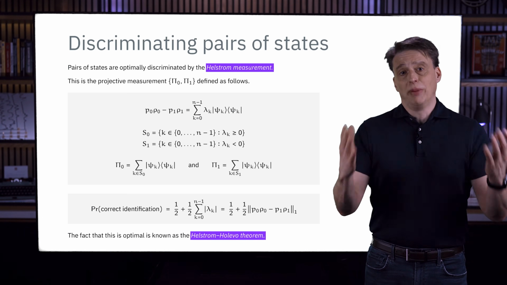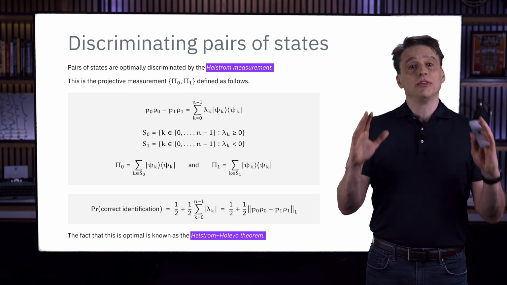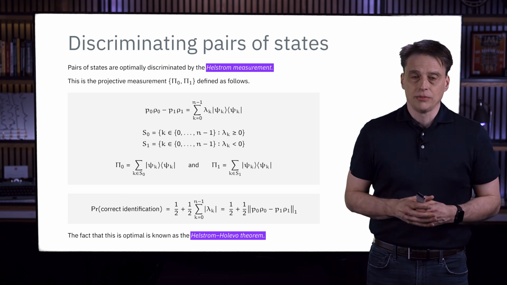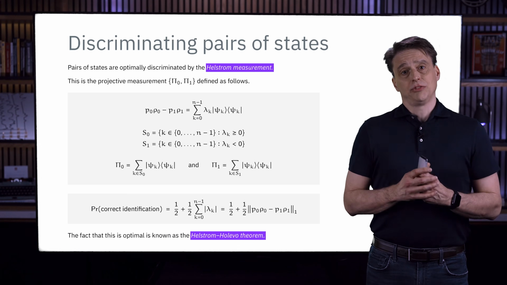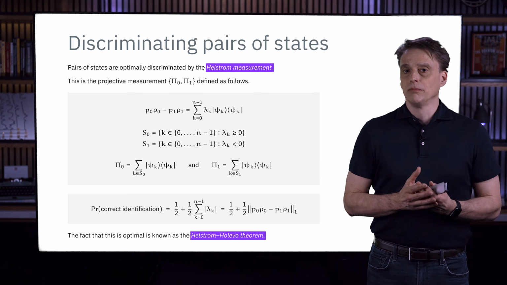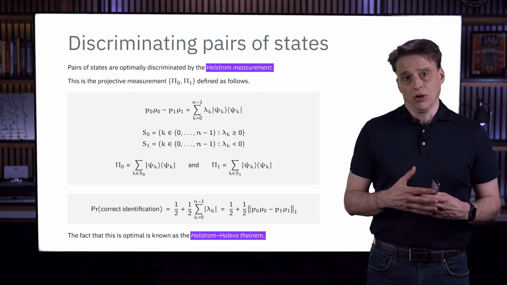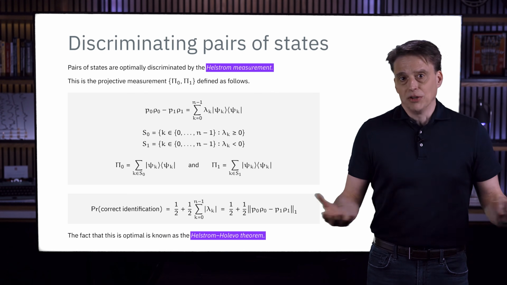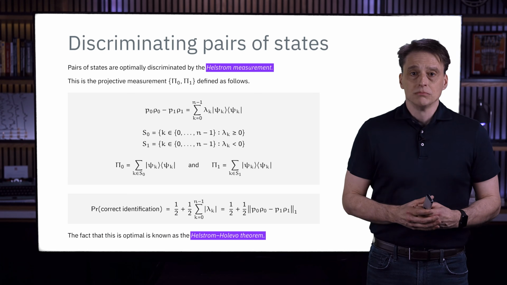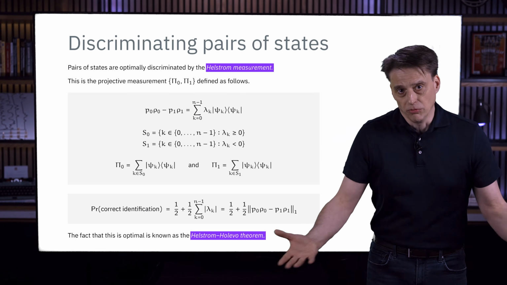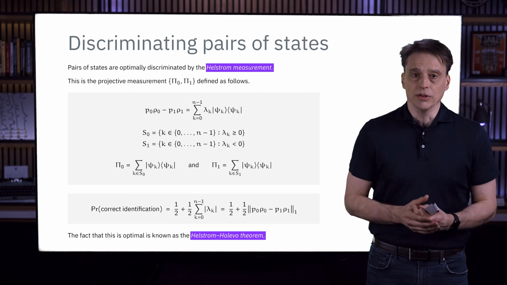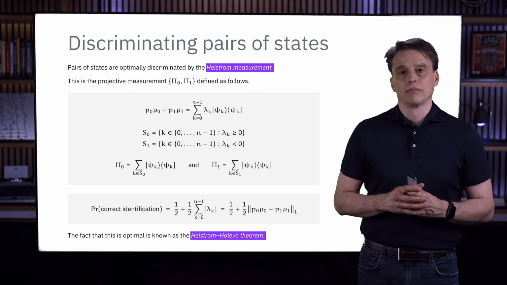This is, in fact, the best that you can do. This measurement is optimal, assuming your goal is to maximize the chance of a correct guess. That fact is sometimes called the Holevo-Helstrom theorem, and it's also sometimes just called Helstrom's theorem. So you can't beat this measurement in terms of correctness probability, and it's nice because there's a simple recipe for the measurement itself and an exact formula for the correctness probability in terms of the trace norm.